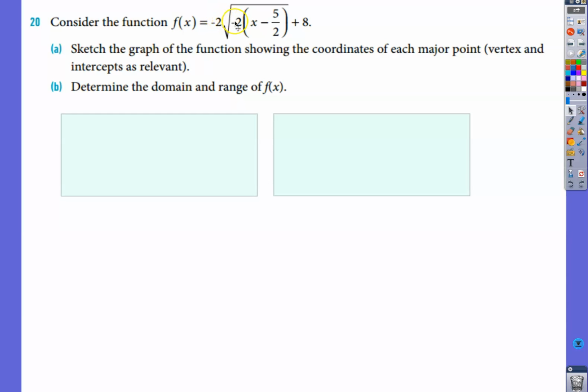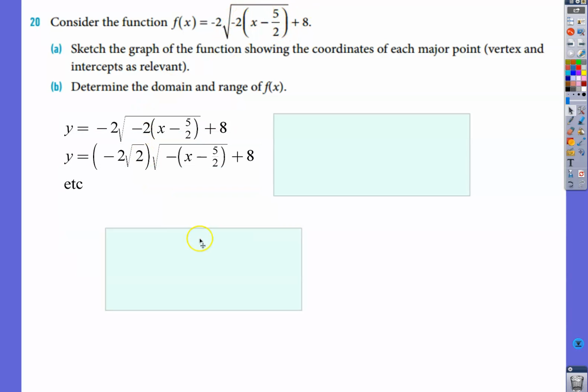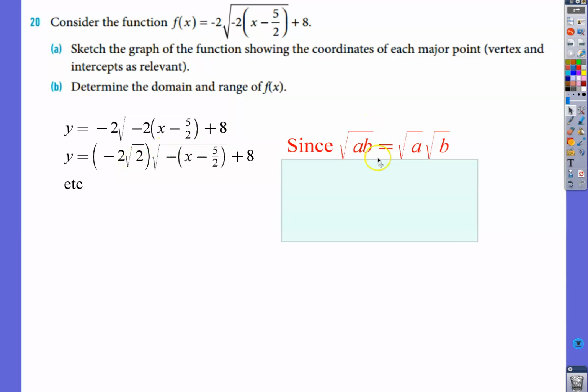So what we can do with this is I can actually move that. I've got a square root of 2 there as a factor of this whole expression underneath the square root. What I can do with that is I can actually take the square root of 2 outside of the function. And if you say, well, why can you do that? That's because of this. If you've got the square root of a product, you can write it as the product of the square roots.